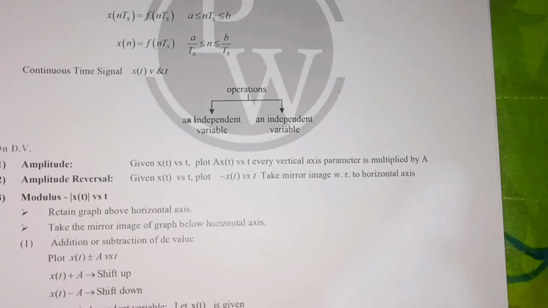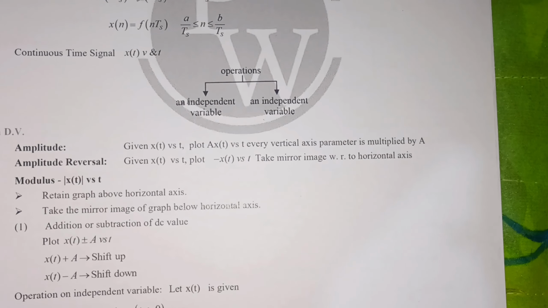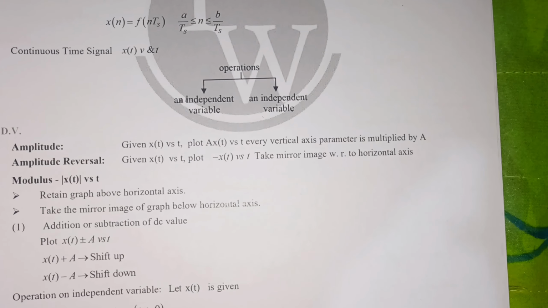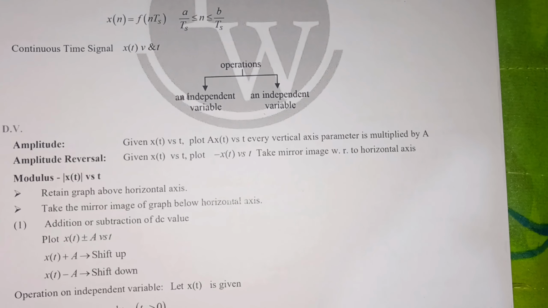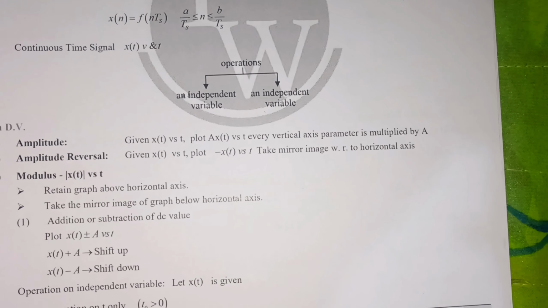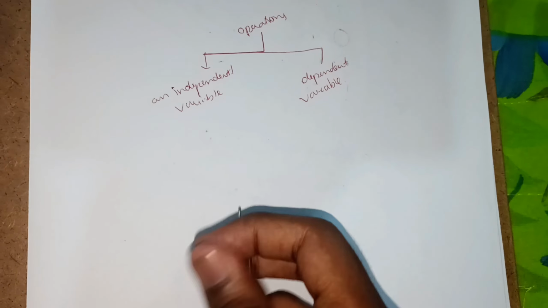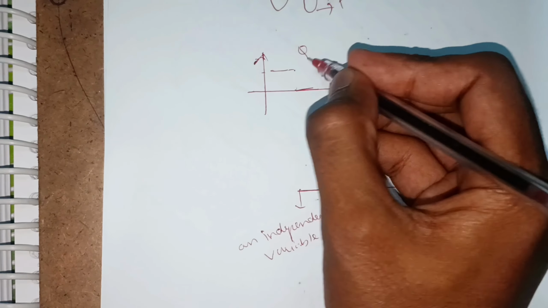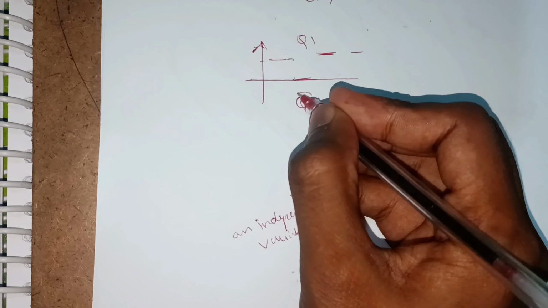Next, amplitude reversal. Amplitude reversal means what? If the function has a positive sign, it is reversed into a negative sign. So take the mirror image with respect to the horizontal axis. So here is the explanation. If here is a time signal in the positive quadrant q1, this is the negative quadrant q2.